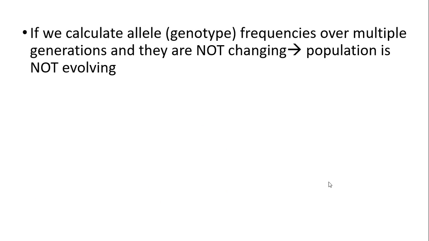So just to reiterate, if we are calculating these frequencies of the alleles and their genotypes over multiple generations, even after just 1 generation, or even after 50 generations, and they're not changing, therefore the population is not evolving, and it is in Hardy-Weinberg equilibrium.